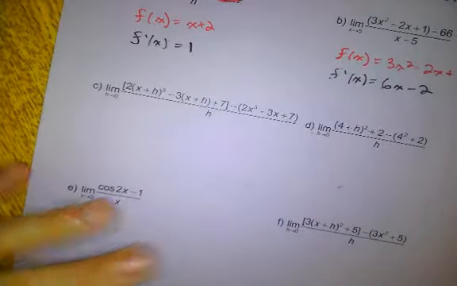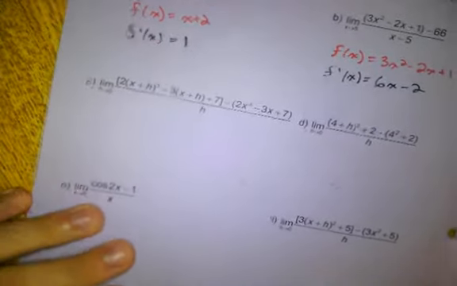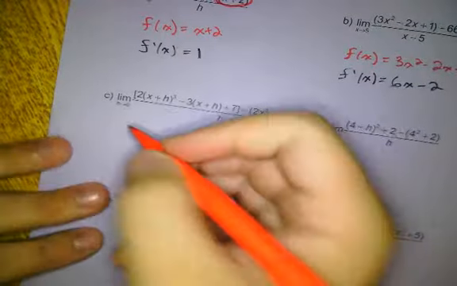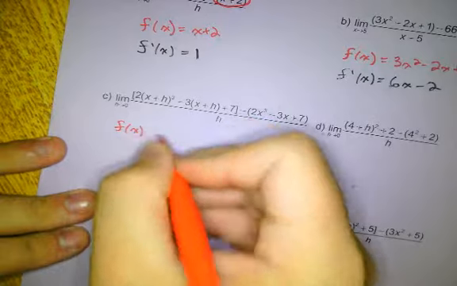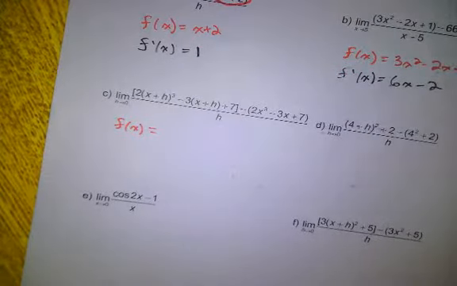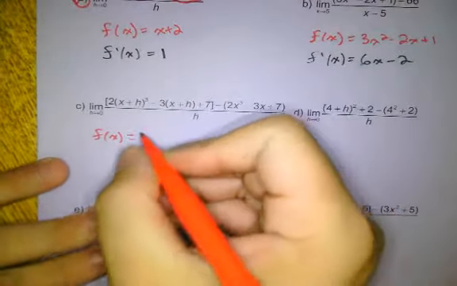Let's go to the third one. I'm going to ask what the derivative is, and if you can figure it out, great. For this one, is this the original form or the alternate form? Original. So where's the function located? In the back. What's the function?